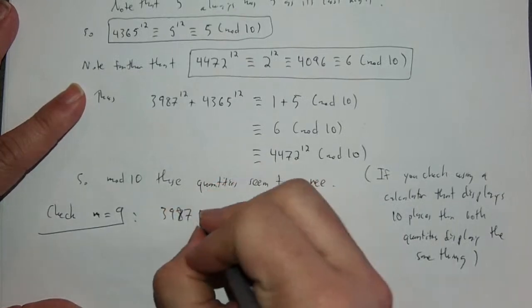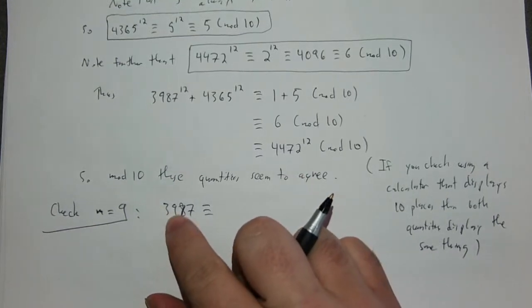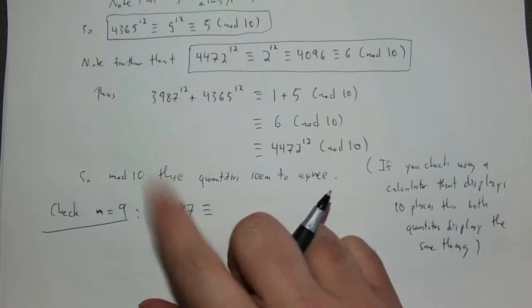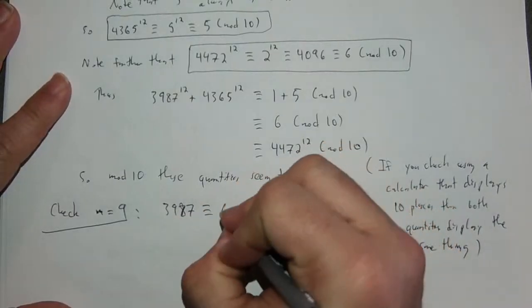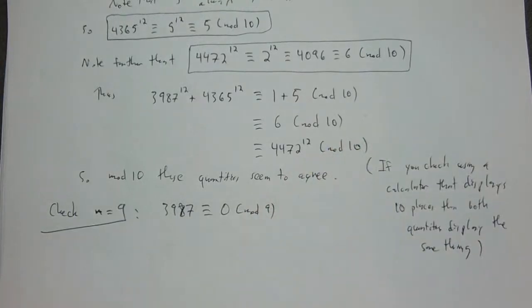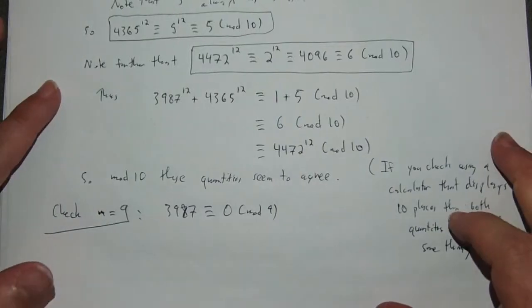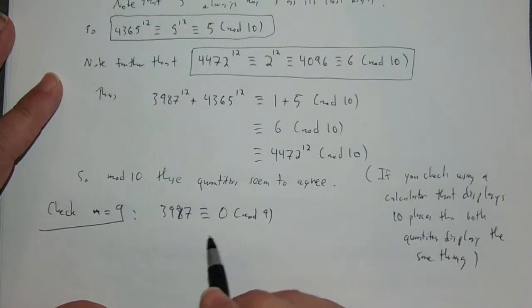3,987 is congruent to what mod 9? So this is 3 plus 9 plus 8 plus 7. That's 12 plus 15, so that's 27. Mod 9, that is 0. If you're confused about that, I'm going to go over this later. But right now, what I'm doing is summing the digits and seeing what those are congruent to mod 9. So 3,987, if you sum those digits, you get 27, which is 0 mod 9.